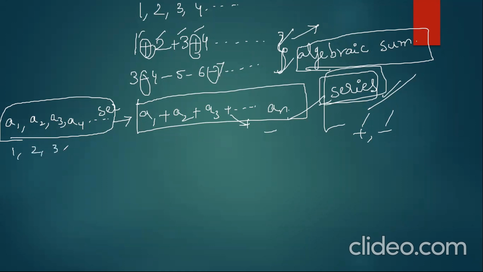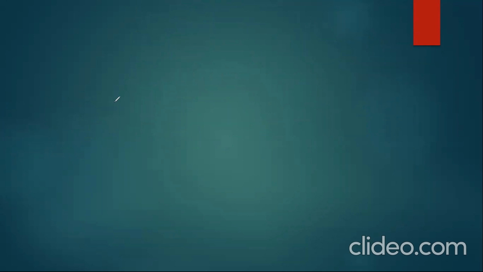Yes. So let us look at some examples. Say 1, 2, 3, 4 is a sequence, right? 1 plus 2 plus 3 plus 4 plus so on is a series. Understood? Now we can observe different types. Let me take 1, 2, 3, 4, and here 1 plus 2 plus 3 plus 4.